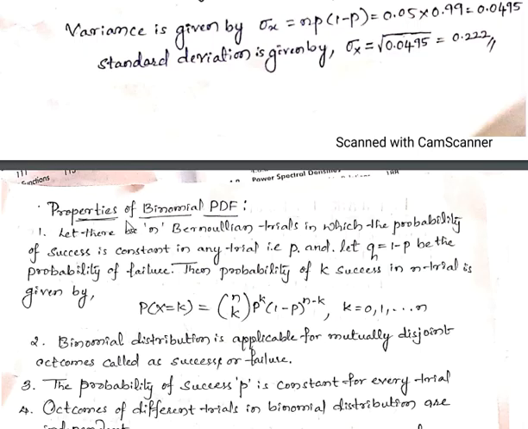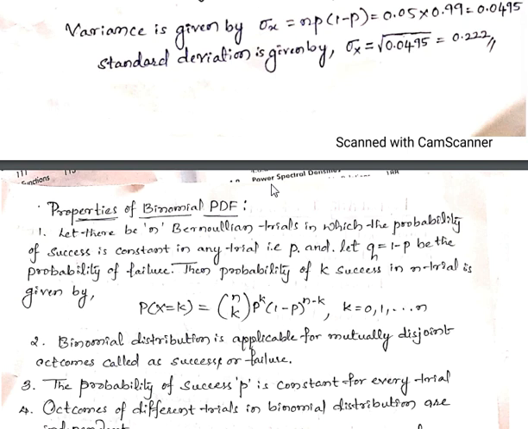There are some properties of the binomial PDF. Let there be n Bernoullian trials in which the probability of success is constant in any trial, that is P, and let Q equal 1 minus P be the probability of failure.